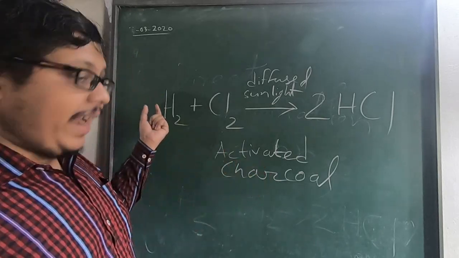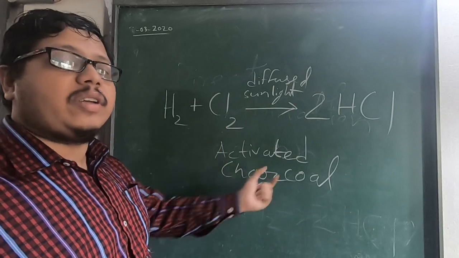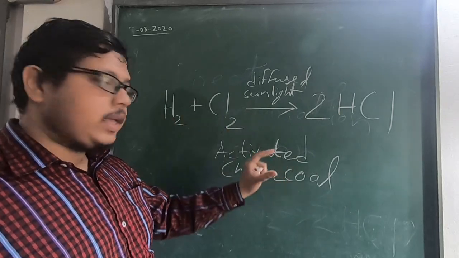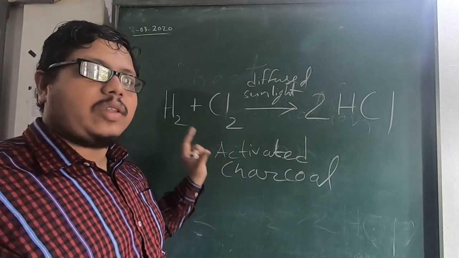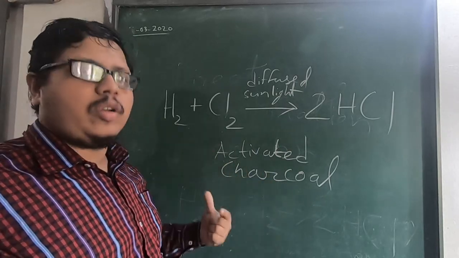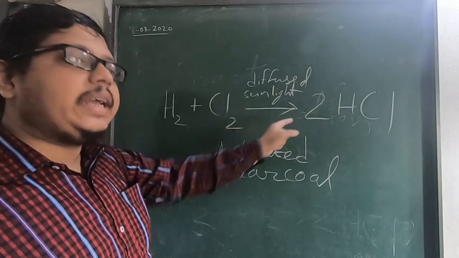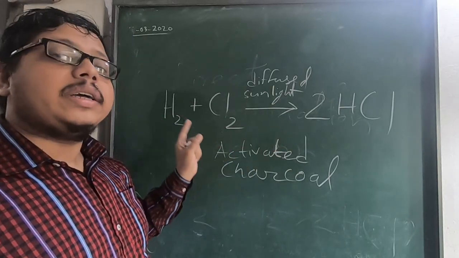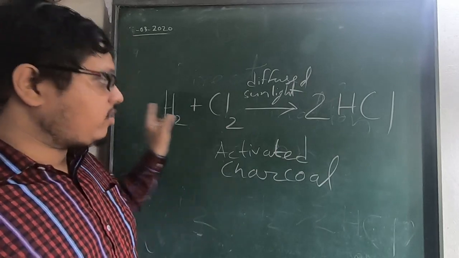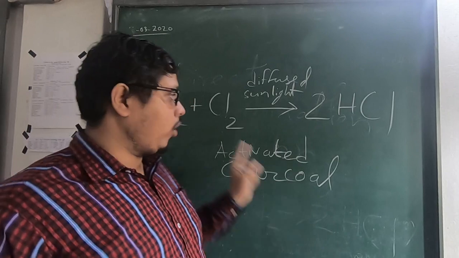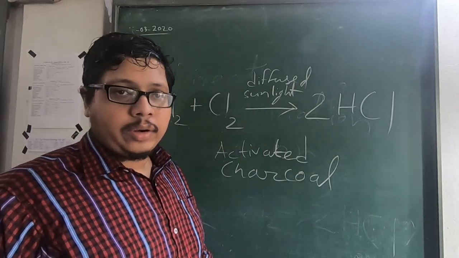It will absorb hydrogen onto its surface and allow the reaction to be faster. A catalyst is something that allows the reaction to go faster or slower. In this case it's a positive catalyst, so it will increase the rate of the reaction. This is one general way of preparing HCl gas from hydrogen and chlorine.